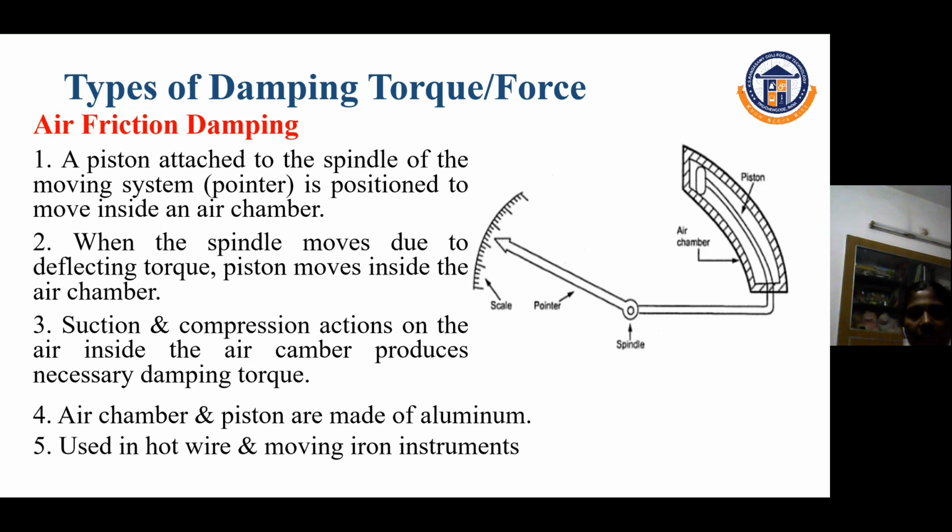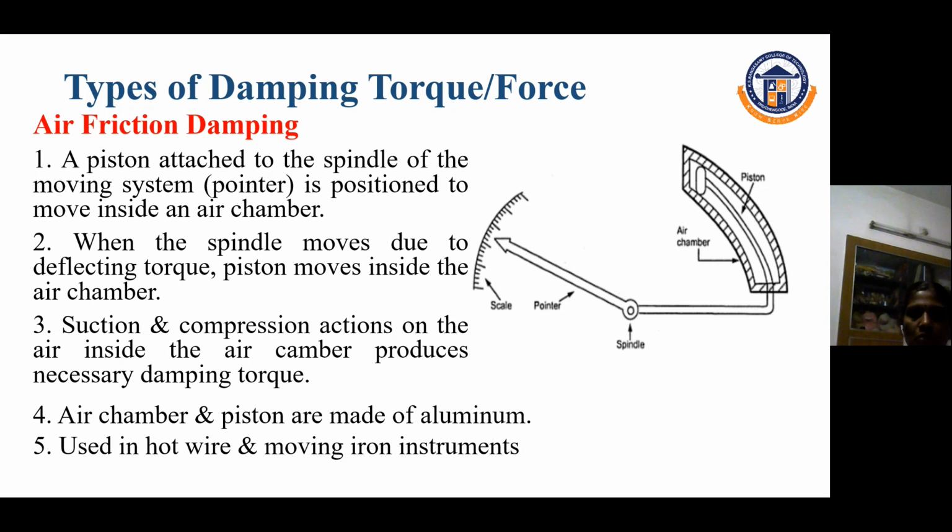So we have different types of damping torque used in analog instruments. The first one is air friction damping. The air spindle is connected in a closed chamber. The piston is attached to the spindle of the moving system and is positioned to move inside the air chamber.